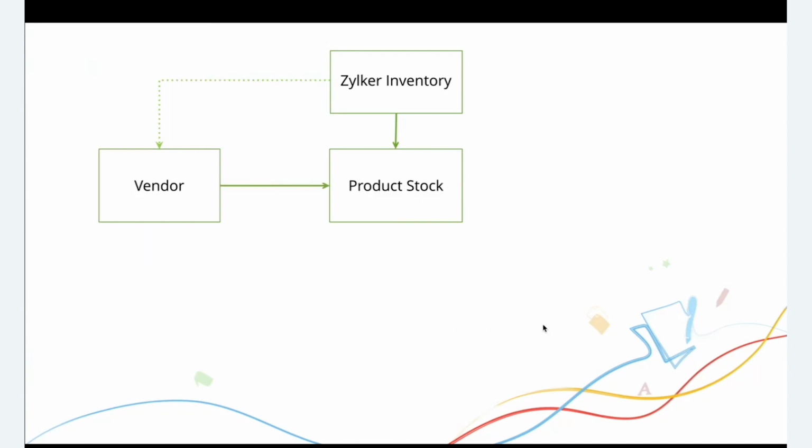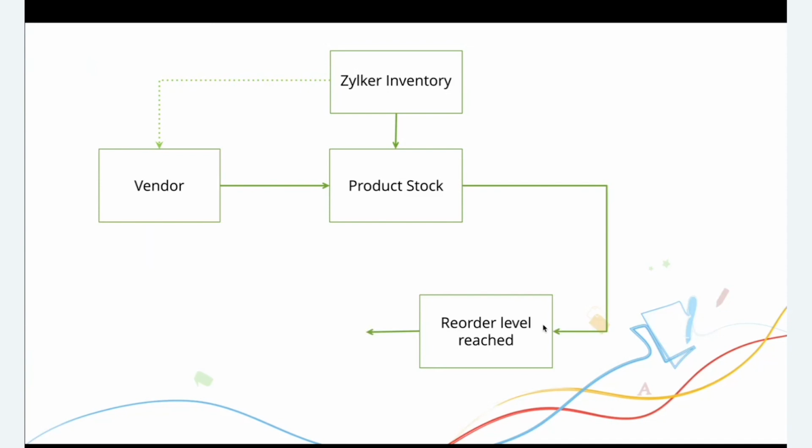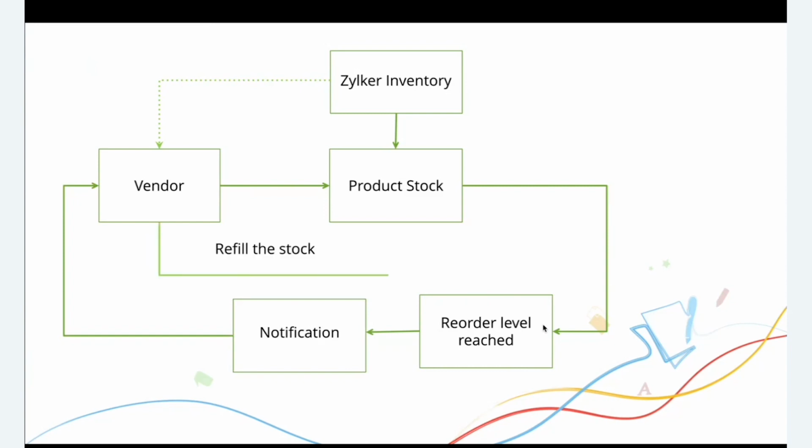Once the stock has reached the reorder level, we have to send a notification to the vendors. Once the vendor receives the notification, they will refill our stock. This is based on a small purchase order kind of process that happens in the inventory management part of your application. I built an application explaining this small part of inventory management.